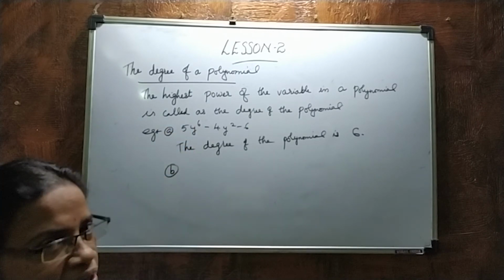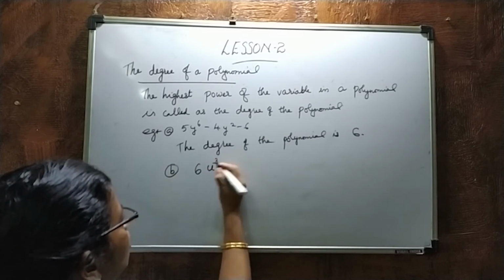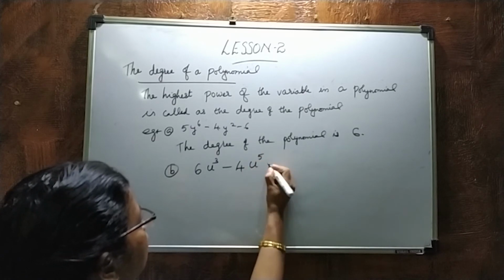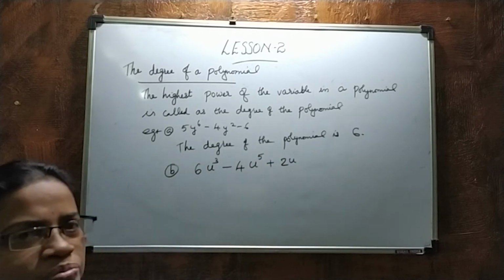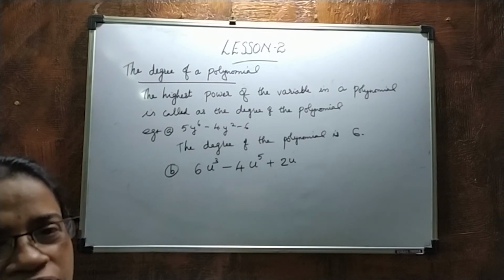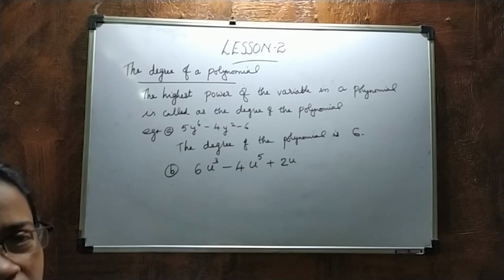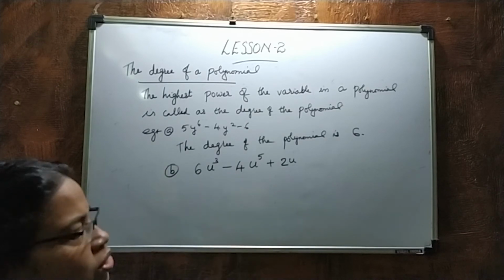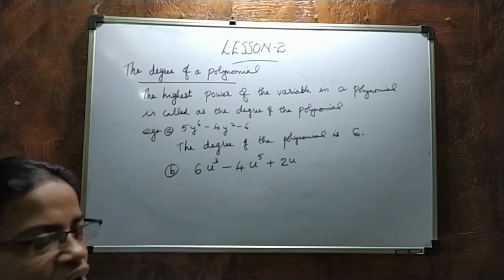Second example, 6u cube minus 4u raised to 5 plus 2u. So what is the degree of the polynomial, or which exponent is highest? It is 5, right? Look at the question now. Can you say the degree of the polynomial? Is it 3 or 5 or 1?